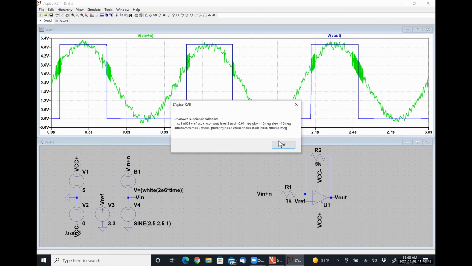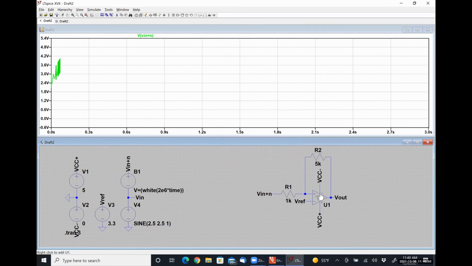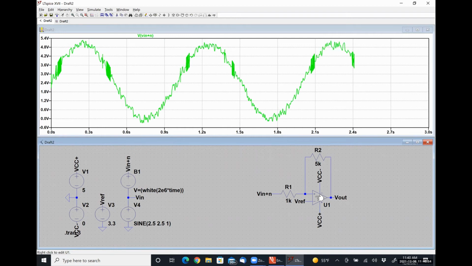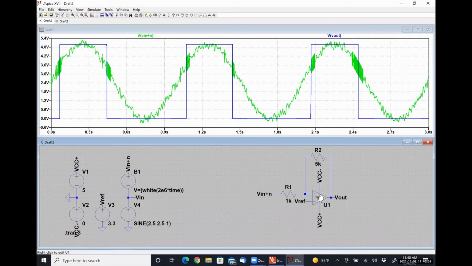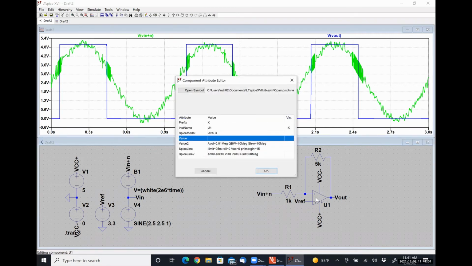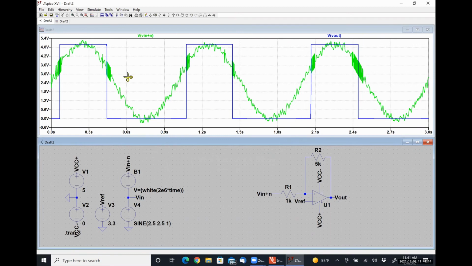What is it telling me? Unknown subcircuit. All right, well, let's just see what it does. Doesn't seem to have any real change here. 0.01, okay.